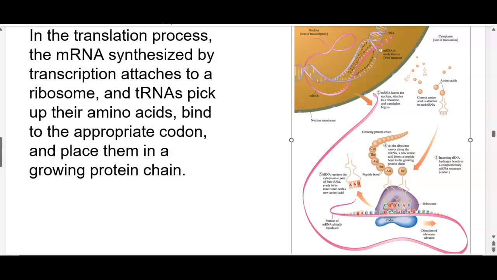So the RNA is going to leave the nucleus and attach to a ribosome, and you see it's going in. The ribosome is moving from left to right, the way this is written. There's a portion of the messenger RNA that is already translated. After the messenger RNA gets out of the nucleus, it attaches to a ribosome, and the ribosome reads it, kind of like a card reader, not a card reader, a tape reader.